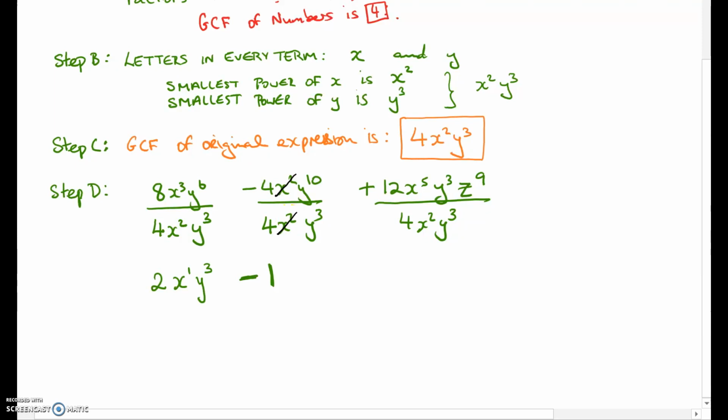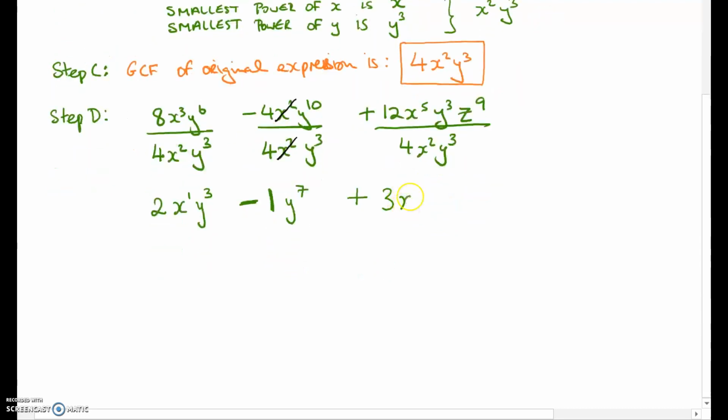Okay, let's move on to the y's. And it was y to the power of 10 on top, y to the power of 3 on the bottom. 10 take away 3 is 7. So negative 1, y to the power of 7. Plus, now 12 divided by 4 is 3. X to the power of 5 over x to the power of 2. Well, subtract the powers, you get x to the power of 3.